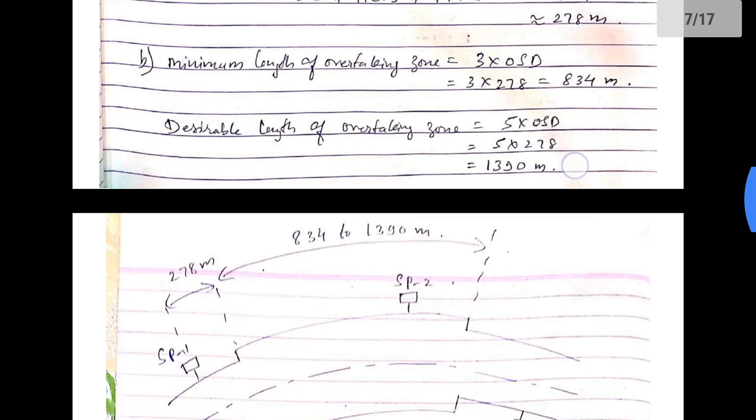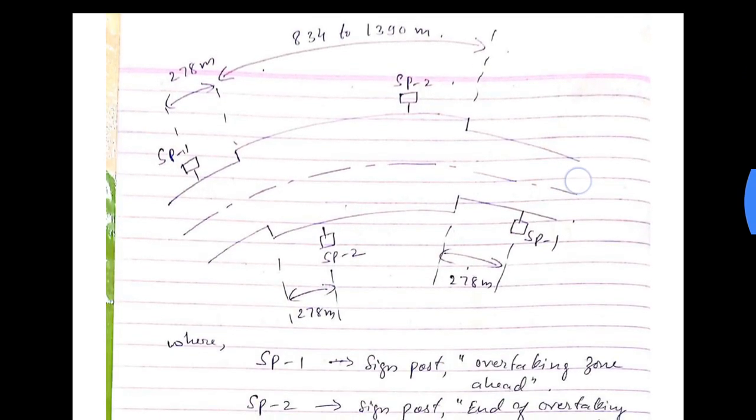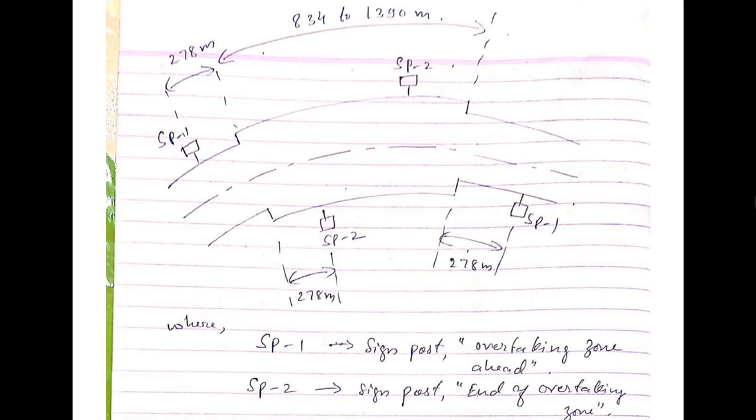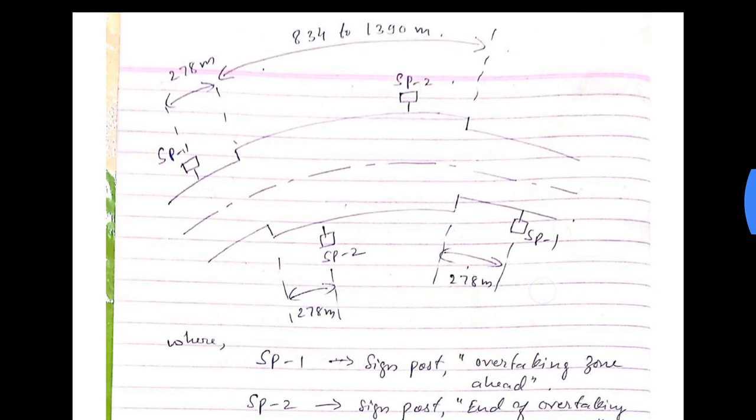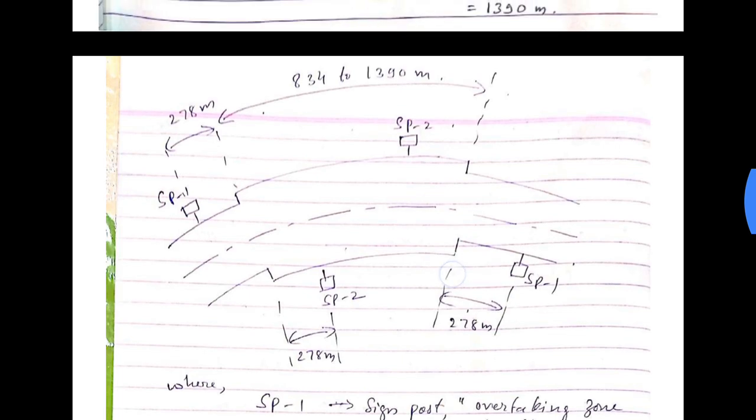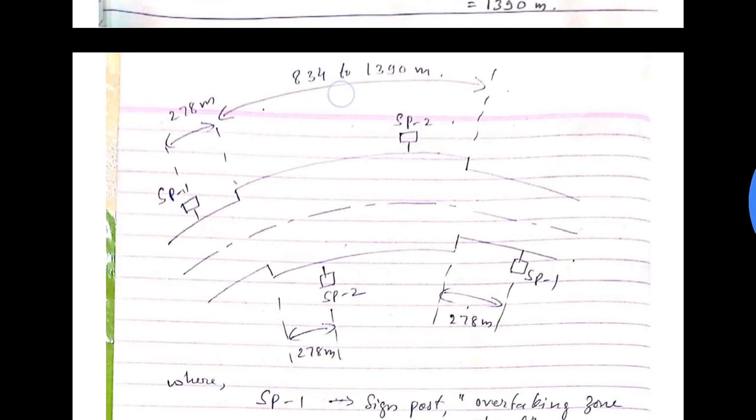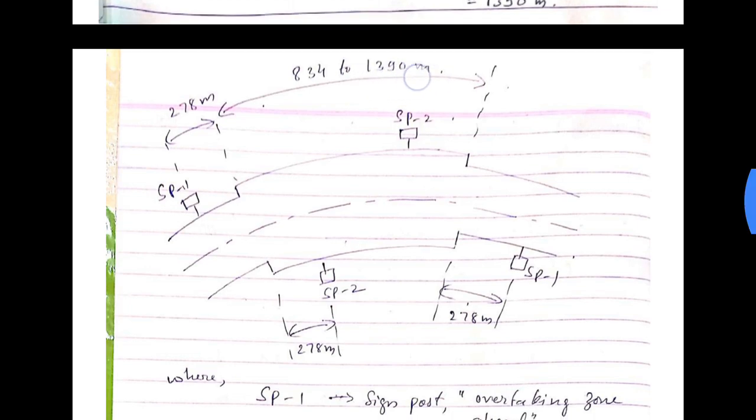So in the third part we had to draw the overtaking zones and also draw the signposts and mention the values. So this is the diagram for this. Minimum overtaking zone length is 834 and desirable is 1390.